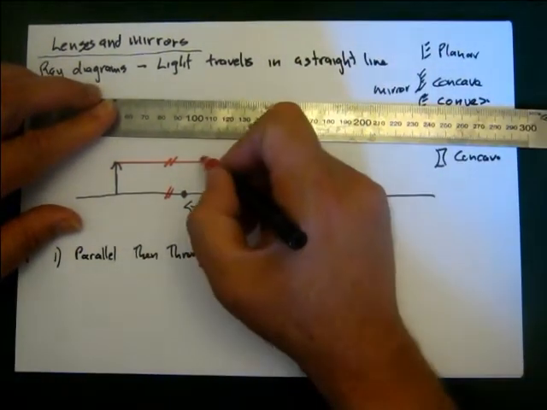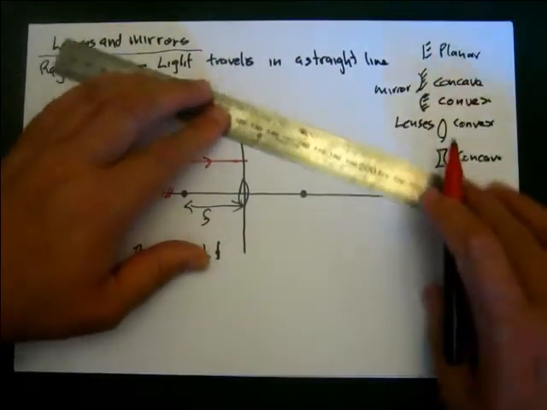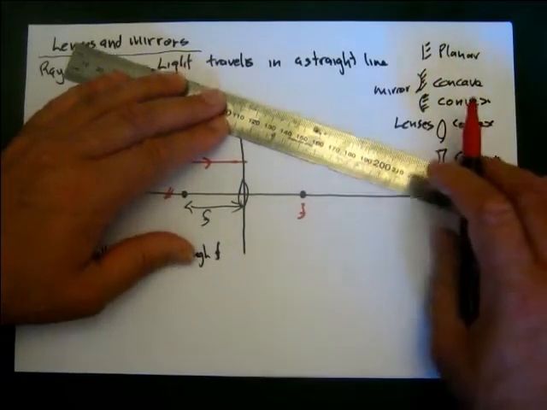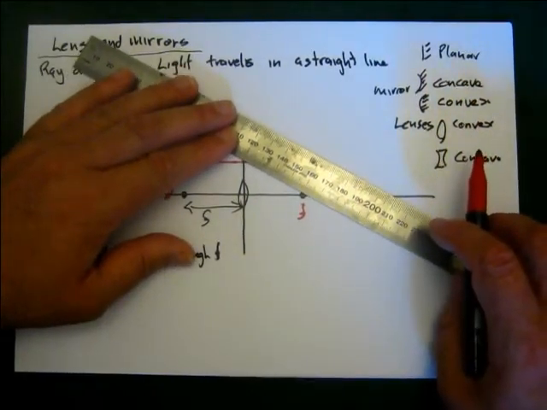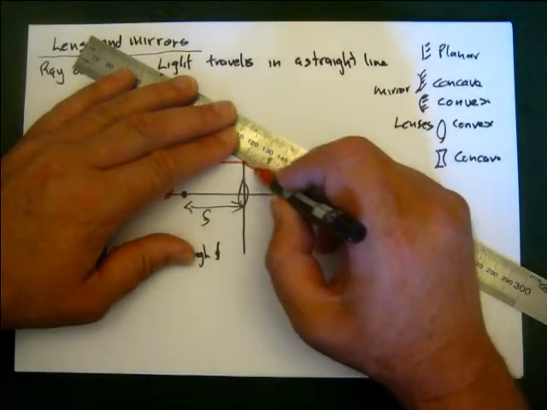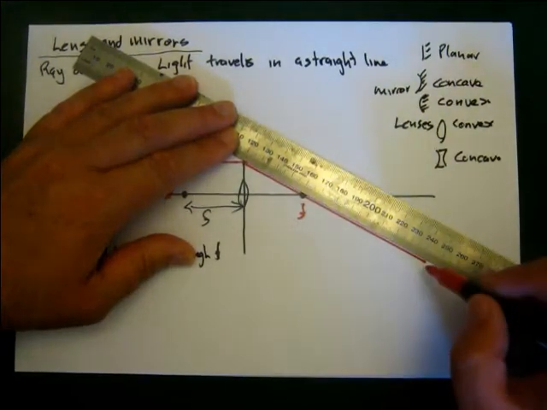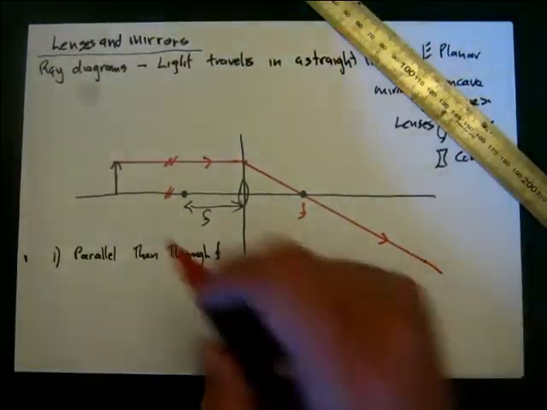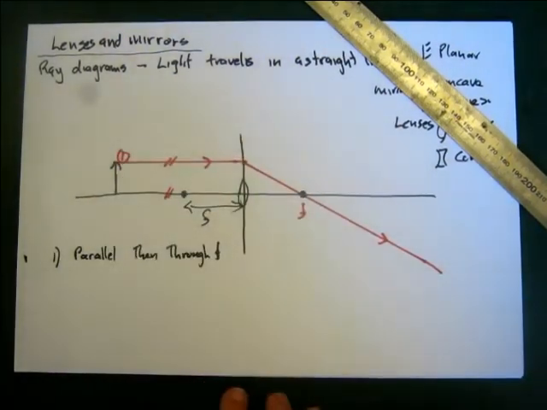And then, where it goes from there, we will draw it through F. And that's going to be our first line. So this is line number 1.